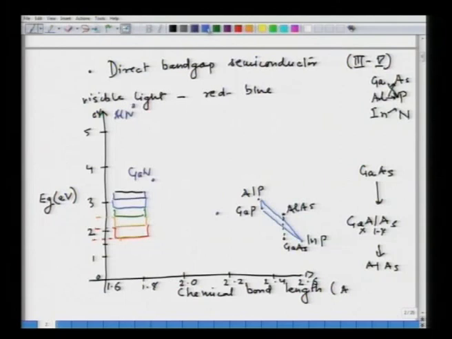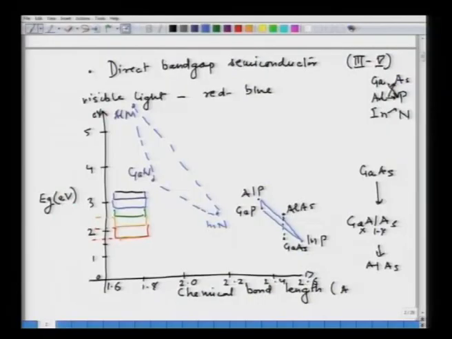So, this triangle is for the nitride system, again in the 3-5 system. This is indium nitride. But as you can see, the nitride systems take care of the visible light in the higher energy or lower wavelength. So, if you want to make blue LEDs, you would like to go with the 3-nitride systems.